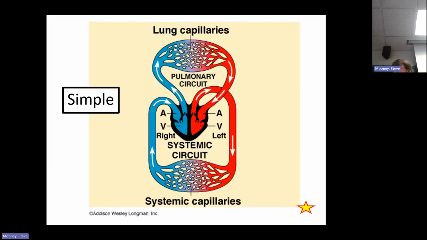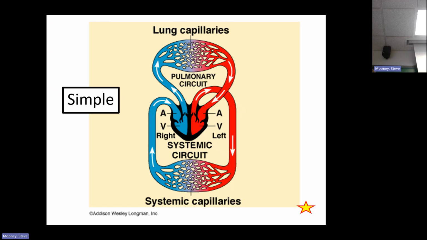So if we're thinking about a simple 2 circuits, we come in on the right side, deoxygenated blood. We pump out from the right side of the heart to the lung capillaries. We're going to do that transition where we dump the carbon dioxide.